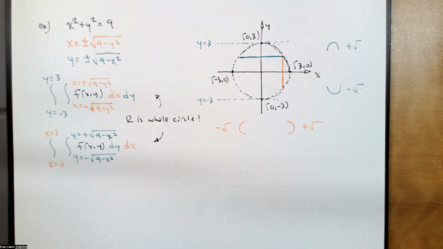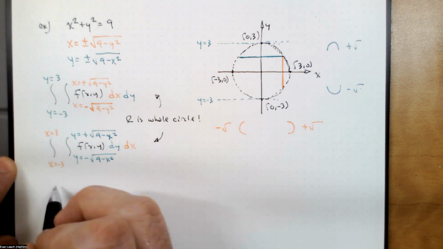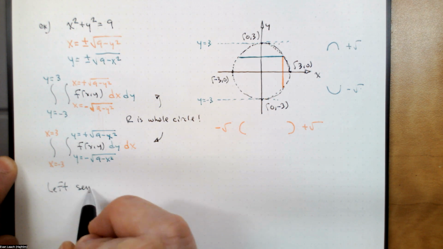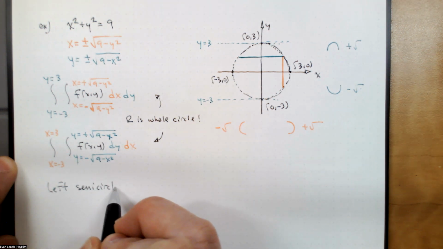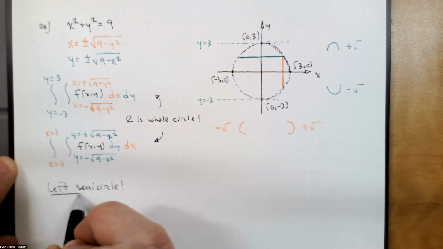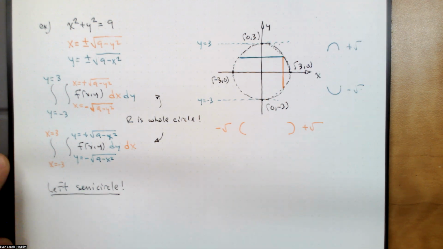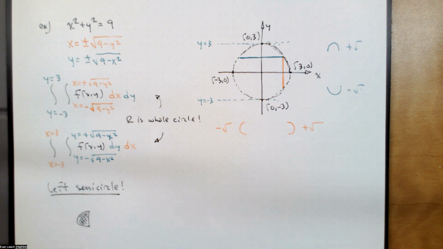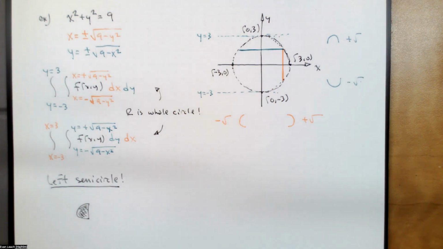So for example, if I just wanted the left semicircle, so I just want this part. What's -3 and what's 0?